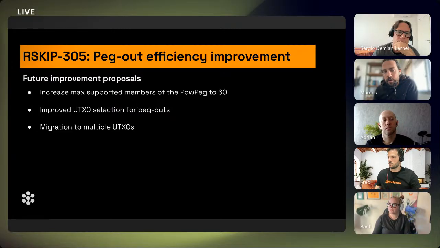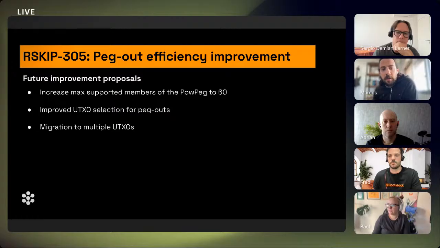That would give even more decentralization. Another is to improve the UTXO selection when creating the payout transactions. That will also make payouts cheaper, since it will consume fewer inputs in each transaction.